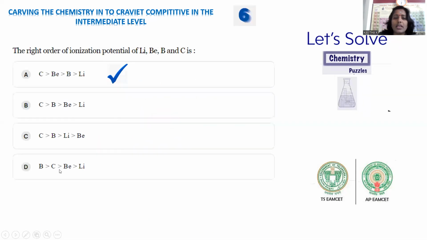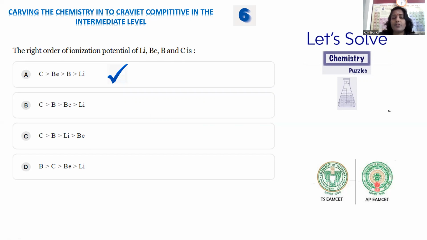Let's move on to the last question of the session. This is given from the periodic trends. The right order of ionization potential of lithium, beryllium, boron, and carbon, right? Four elements are provided. We have to go for ionization potential. In general, ionization potential in a main group, from top to bottom, gradually decreases.